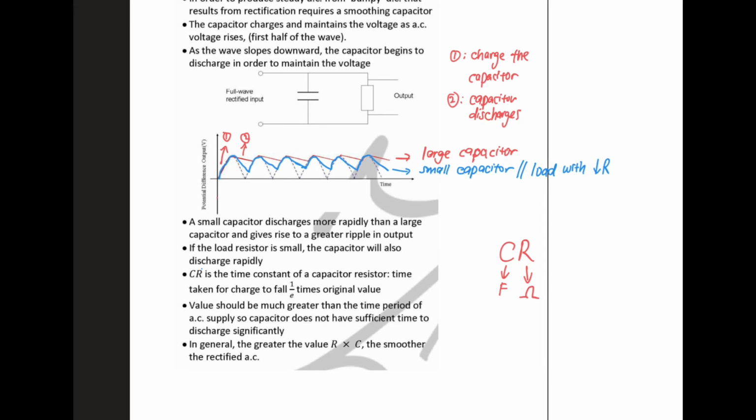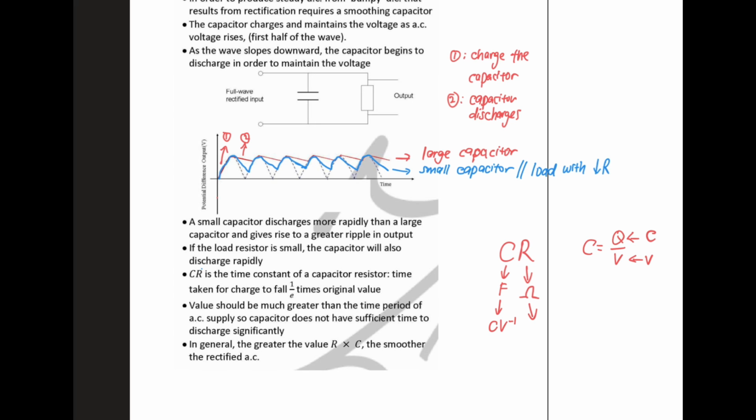Then we know C, capacitance, equals charge over potential difference. The unit of this is coulomb, the unit of this is volt. Okay, so at the end, the farad becomes coulomb per volt.